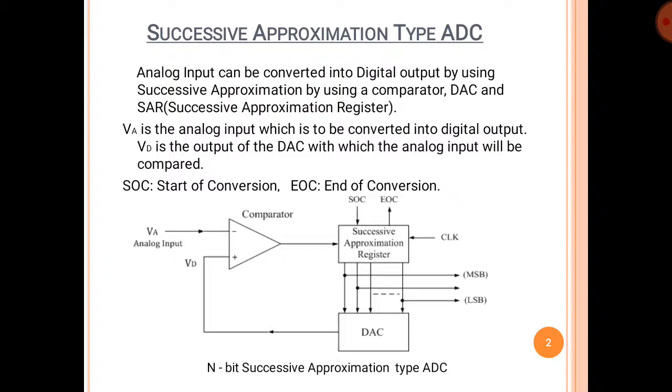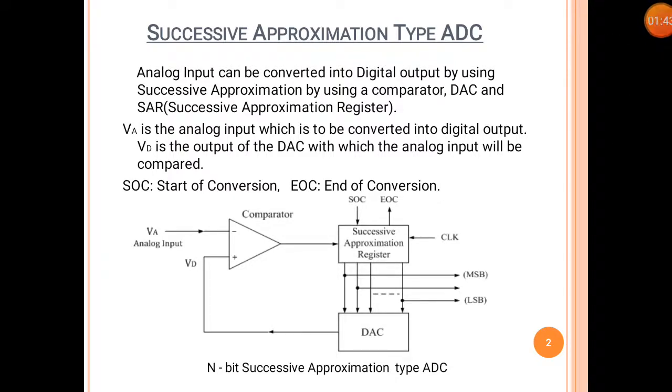The successive approximation register does the conversion, and there are two signals, SOC, that is the start of conversion, and EOC, that is end of conversion, and the successive approximation register operates on a clock. SOC is a signal given to the successive approximation register to start the conversion. And once the complete conversion process is over, it will indicate with the end of conversion signal, so that we can get the output from the successive approximation register.